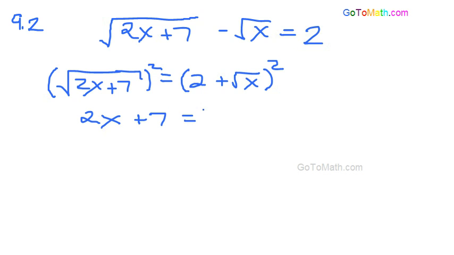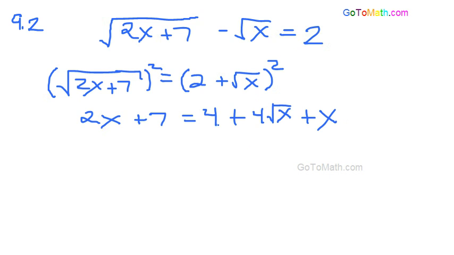So we have 2 times 2 is 4, 2 times the square root of x times 2, so that's going to be 4 square root of x. And then square root of x times square root of x is x. Alright, doesn't look too bad.